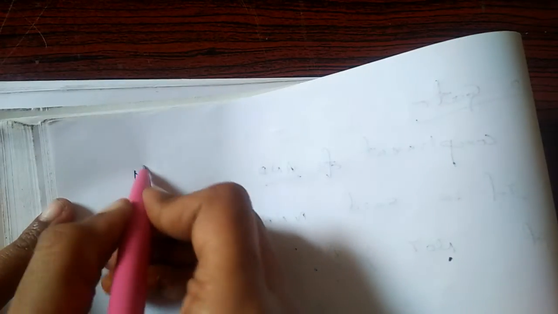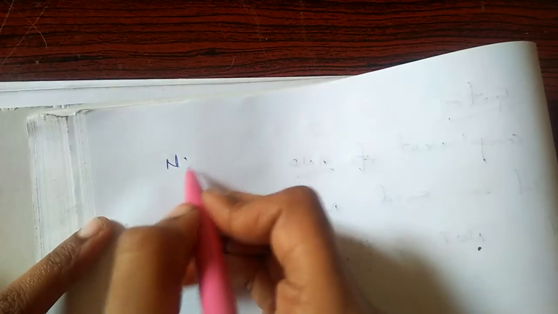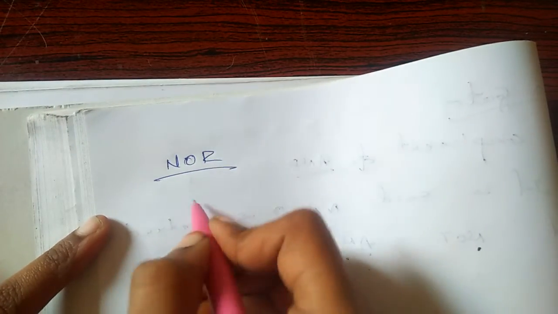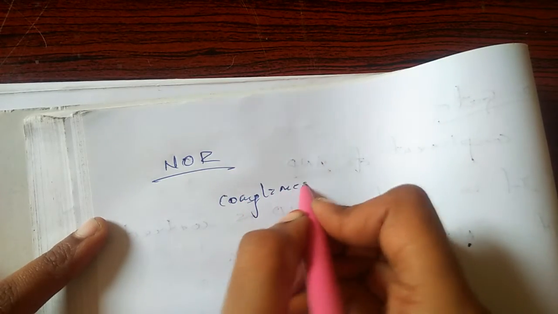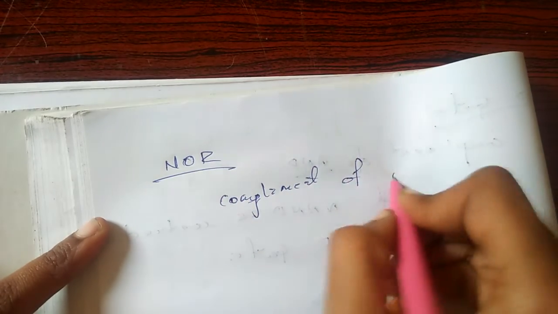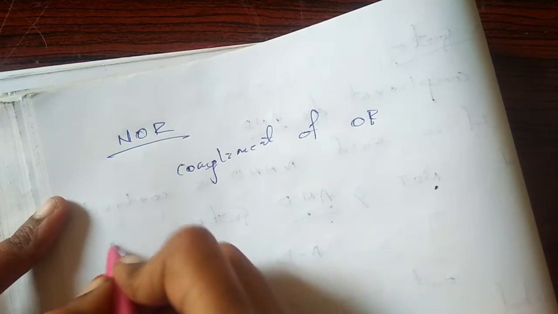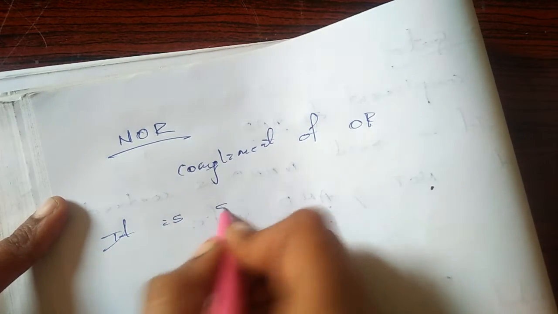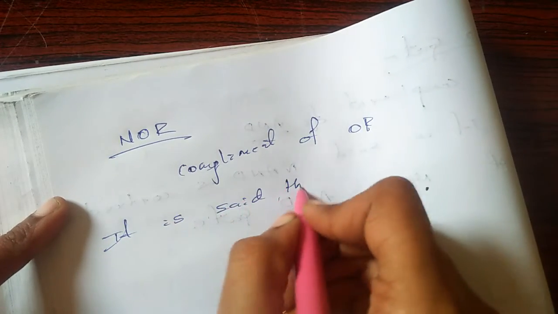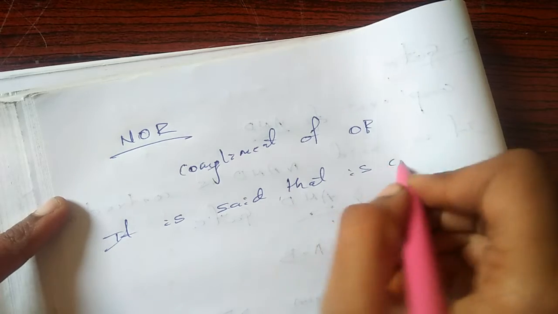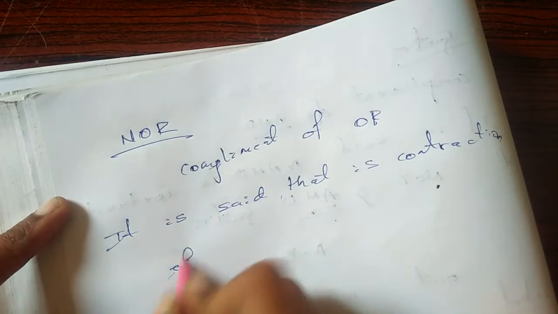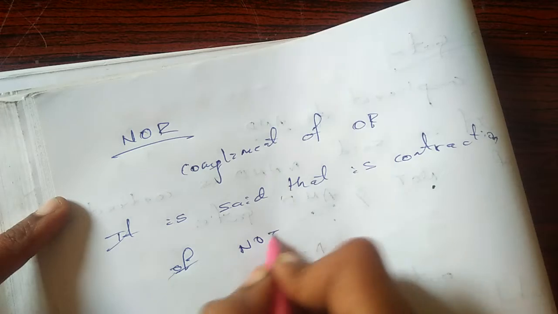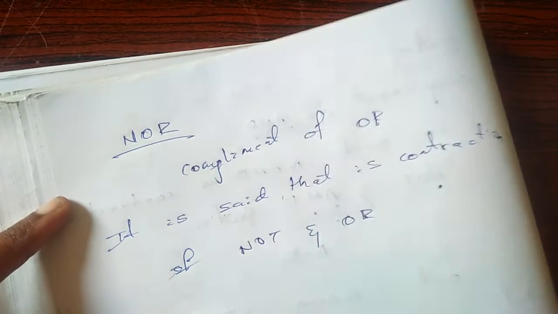Similarly, the NOR gate is nothing but the complement of OR gate, where it is said that it is a contraction of NOT and OR gate.